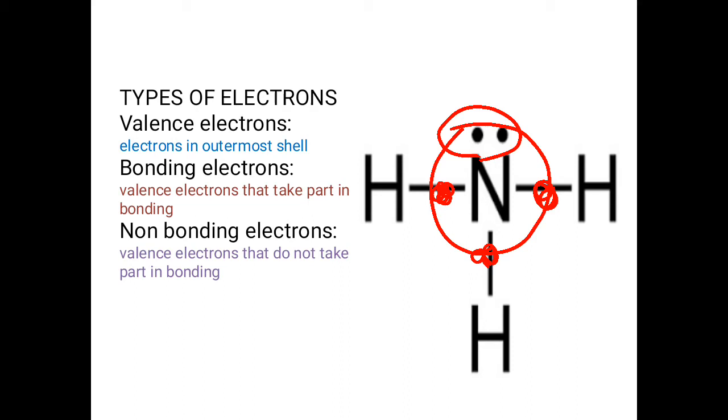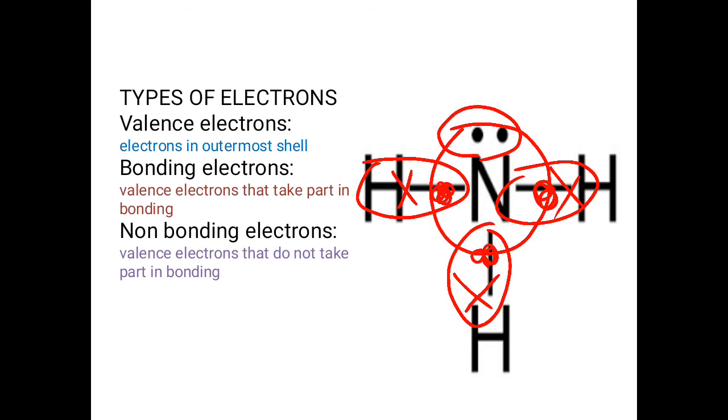When nitrogen makes sigma bonds with hydrogens, every hydrogen brings 1 electron for bonding. So you see 3 electron pairs are mutually shared in an ammonia molecule. Out of 5 electrons, 3 electrons are used in mutual sharing, making 3 single covalent bonds.